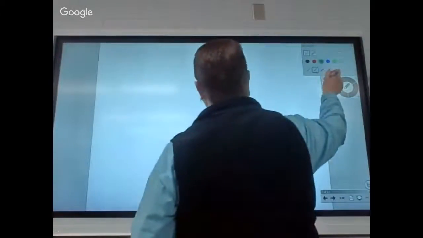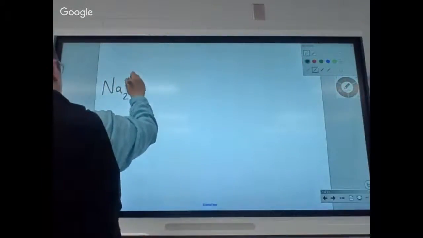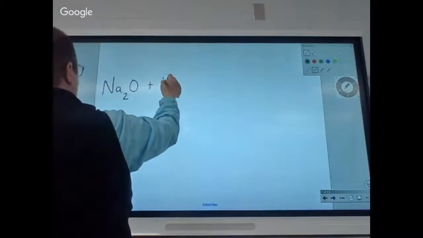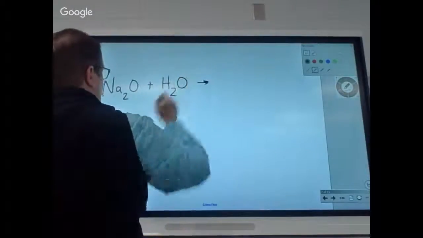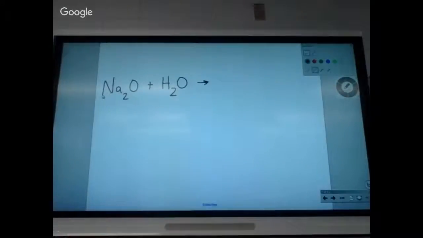All right, so let's say this is an example. Let's say you have that. This is synthesis, so it's okay to put it in your notes under synthesis. But most of you would look at this and what would you automatically think it is if it's all mixed up? Double displacement.